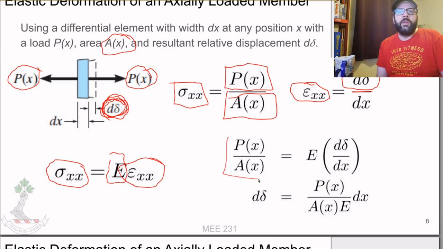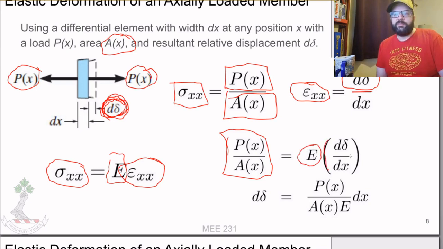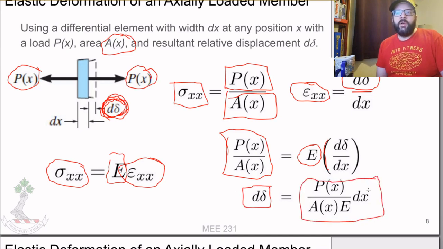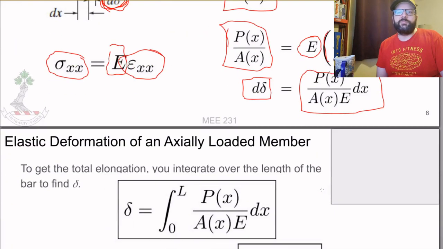So we can just go ahead and relate these two. So P of x over A of x is going to be equal to E times our d delta over dx. Or put another way, we can find what our d delta is here in terms of dx times these parameters.